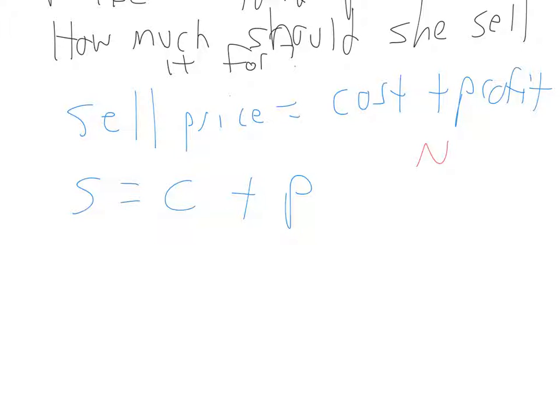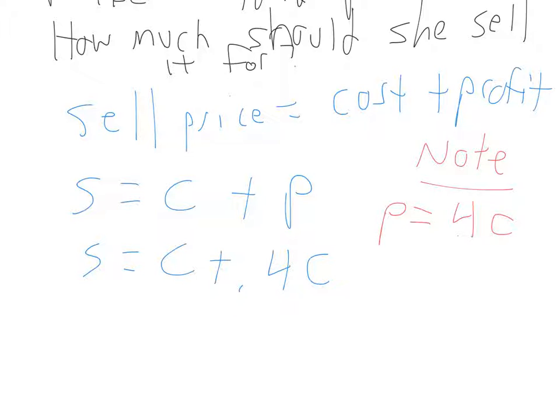Now, if you note from our problem, our profit is 40%. So it'd be the cost plus an additional 40% of the cost. So you could rewrite it as C plus 0.4 times the cost, or it'd be 1.4 times the original cost.